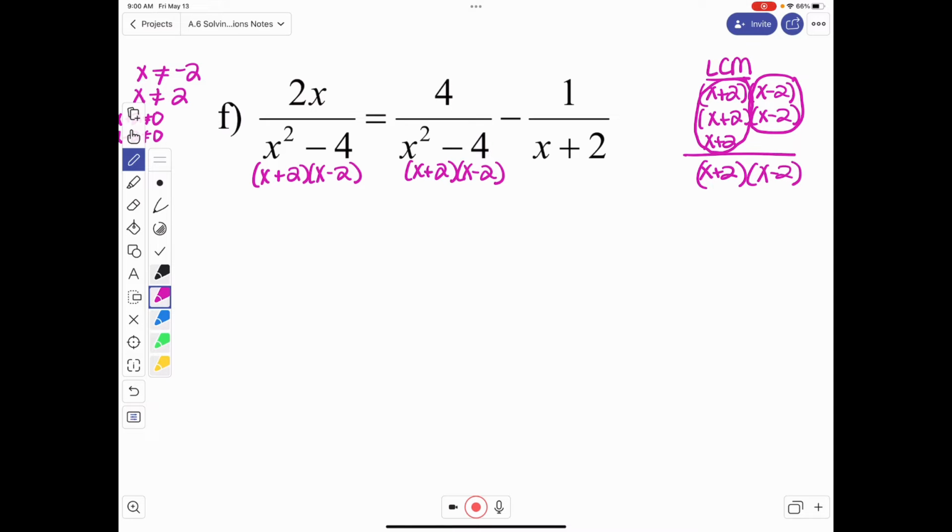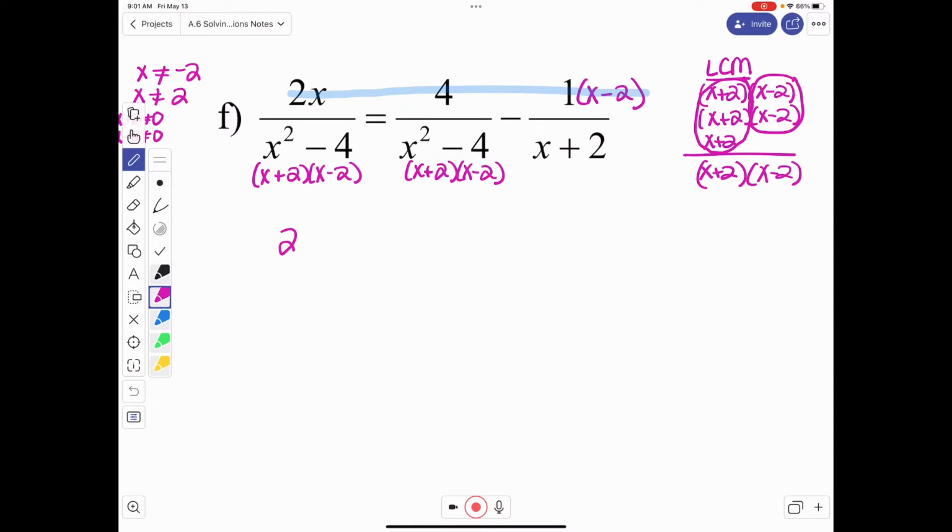If I look at my first part, it has everything that my least common multiple has, so I don't have to multiply my first fraction by anything. My second part, the 4 over x plus 2, x minus 2, has everything the least common multiple has. But now the 1 over x plus 2 is missing the x minus 2. Now, again, just a little shortcut here, I'm only worried about the top part. That's why we multiply, so we can just focus on the top part, and it helps us solve.